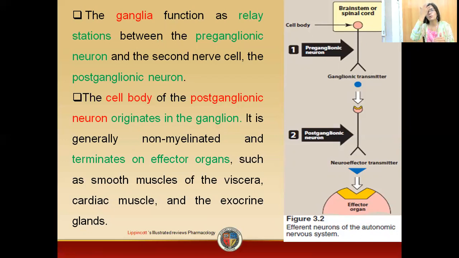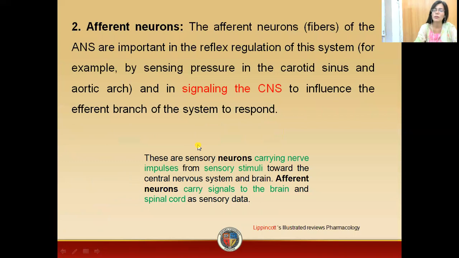Your efferent neurons get signals from the CNS, from the brainstem or spinal cord, and your postganglionic nerves innervate the effector organs, where they produce a biological effect.